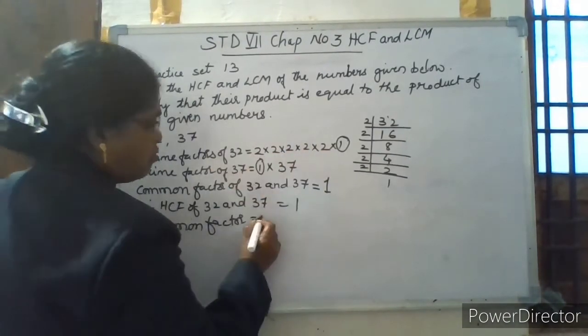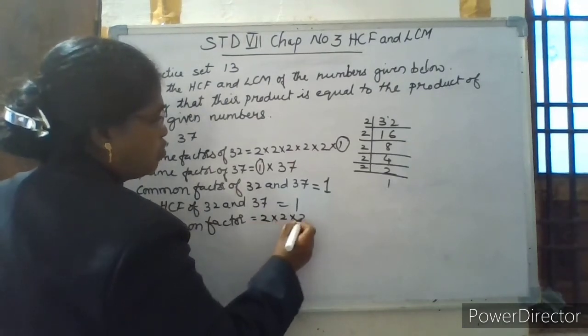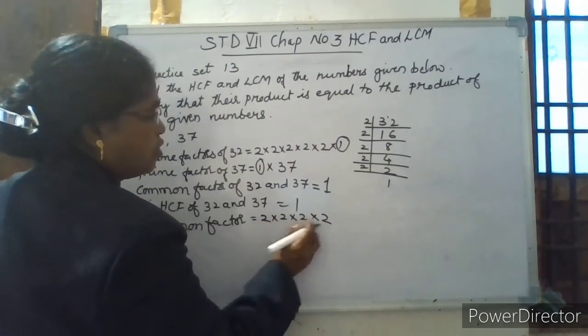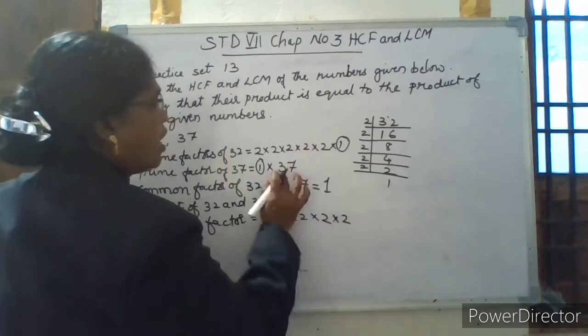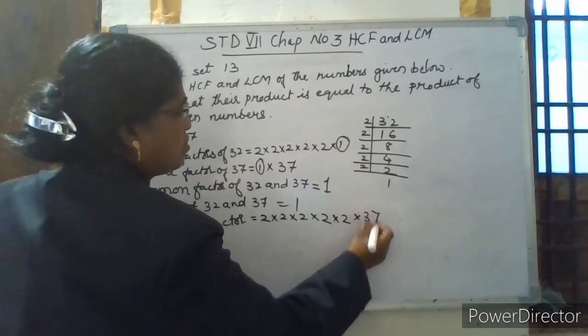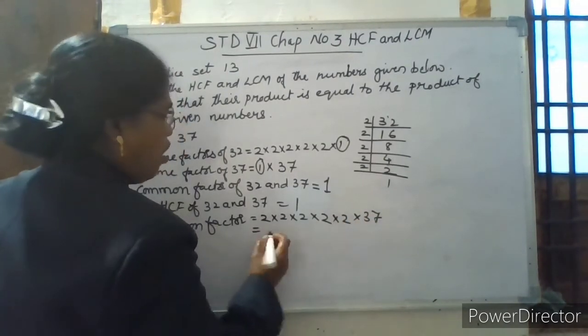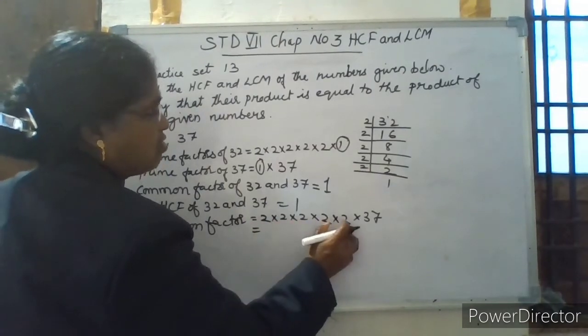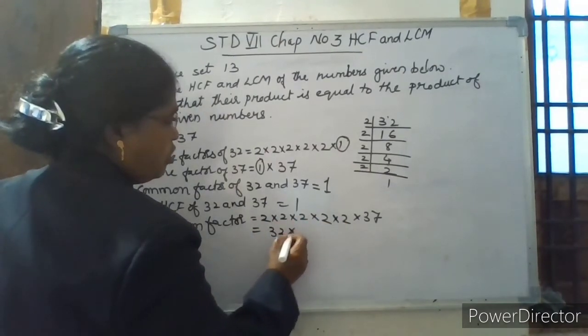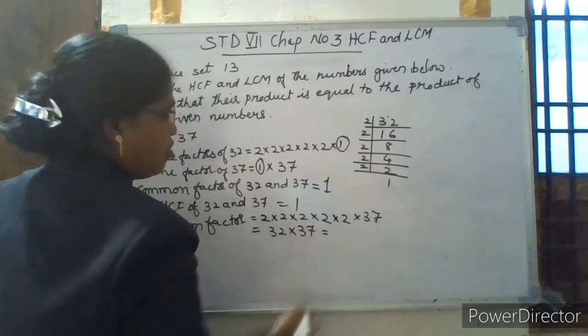That is 2 into 2 into 2 into 2 into 2, 1, 2, 3, 4, 5. Again here into 37. So multiply all this. 2 2s are 4, 4 2s are 8, 8 2s are 16, 16 2s are 32. 32 into 37 is equal to what?